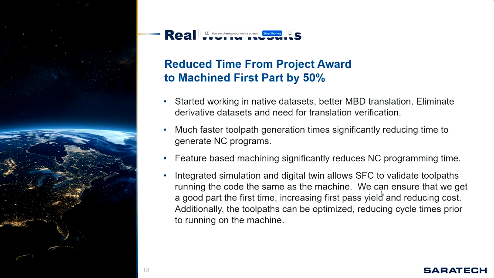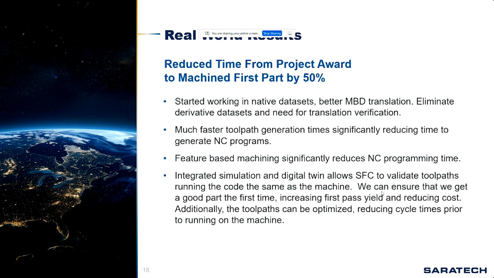A lot of our customers are designing aircraft in NX. So having that native data set eliminates the need to make an investment in translation verification. You need a totally separate software to do that, and you lose some of the MBD translation as well. So working in the native data set is key, and it's a great marketing tool as well to the customer.